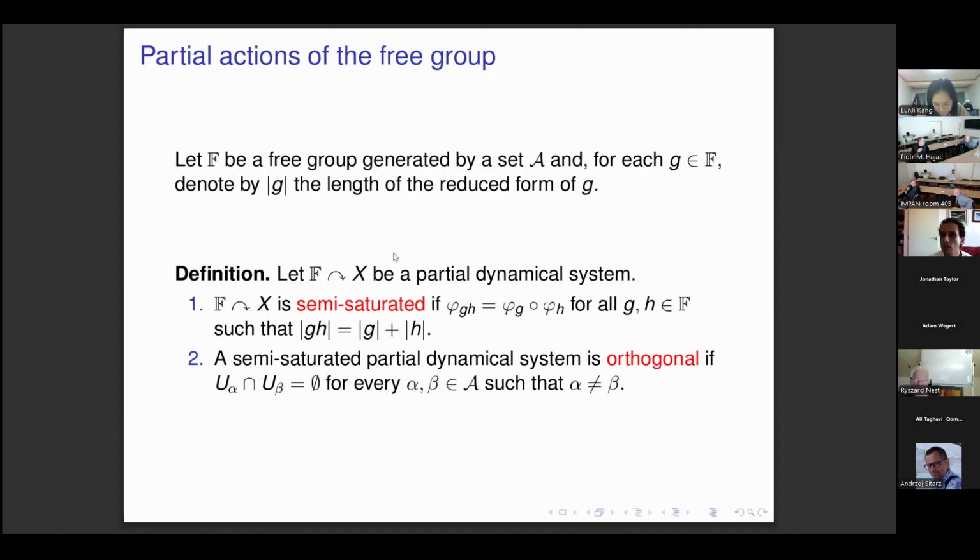That was what Jonathan was saying. Sometimes a lot of the elements of the free group are going to act as the empty function, so they are not going to appear in the cross product. That can happen. Yeah. So you don't really see this free group in the cross product, right? It's just kind of a numbering of edges, right?